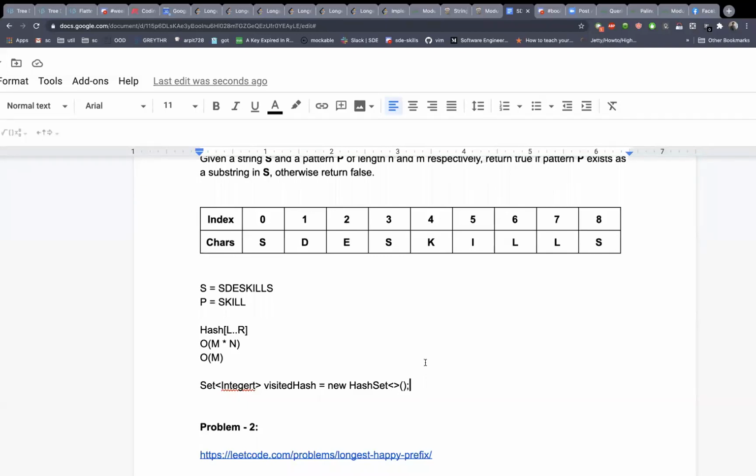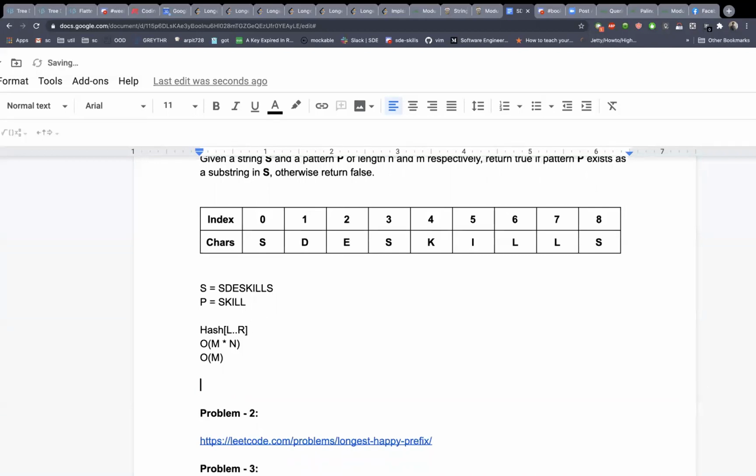No, actually, sorry. I think we don't need this. We can simply calculate the hash of a window and check whether it's equal to the hash of P or not. Yeah, that is sufficient, right?